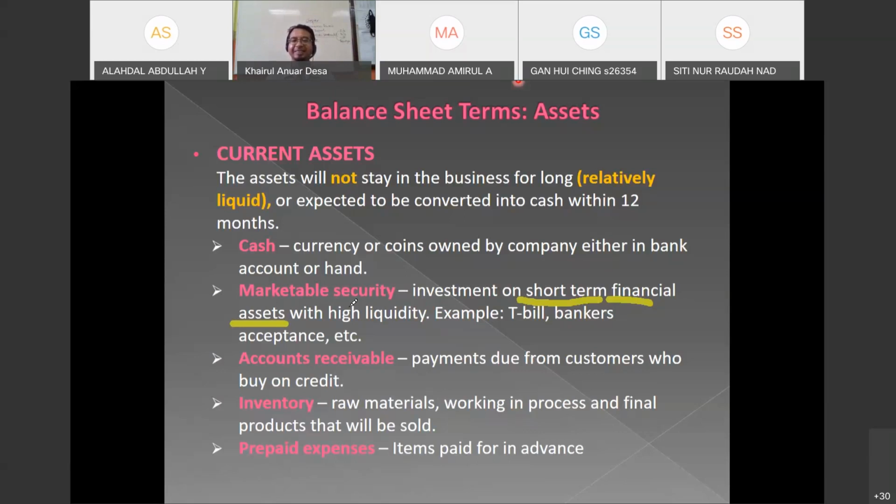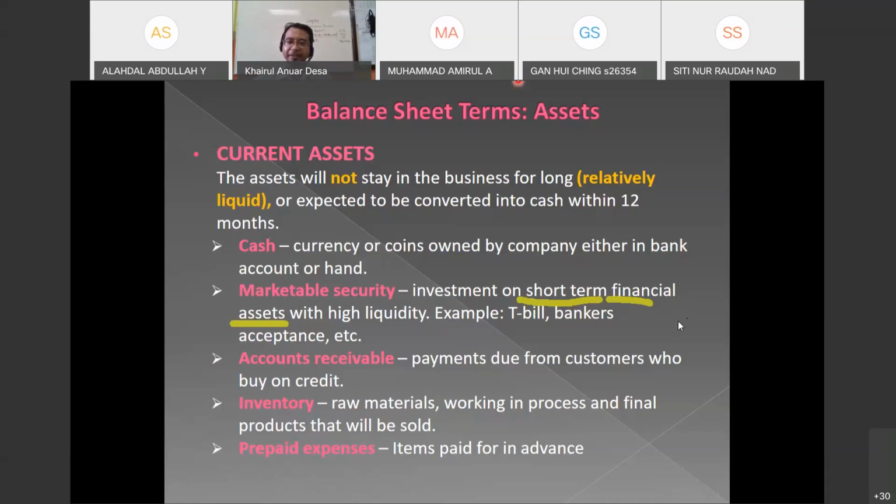Pandai. Kita ada money market and also capital market. Bagus, Maria. Kita ada pasaran wang dan juga pasaran modal, Alif. Okay, kita ada pasaran wang dan pasaran modal.